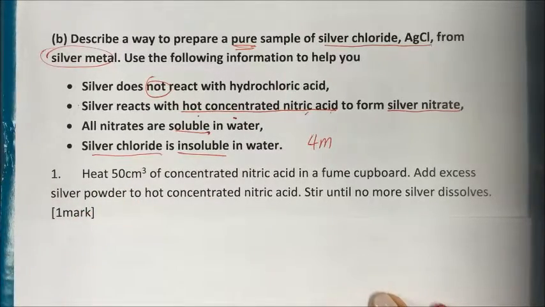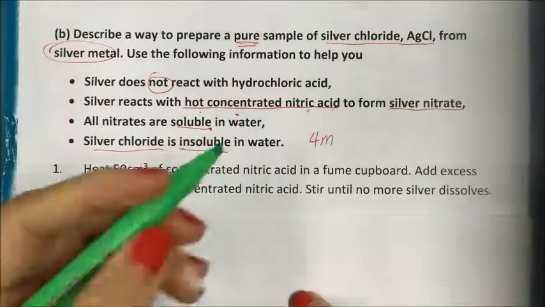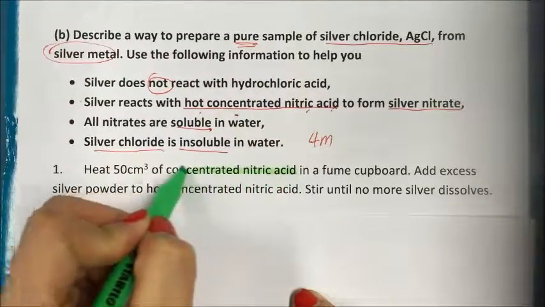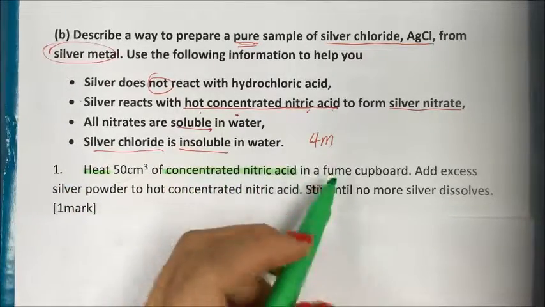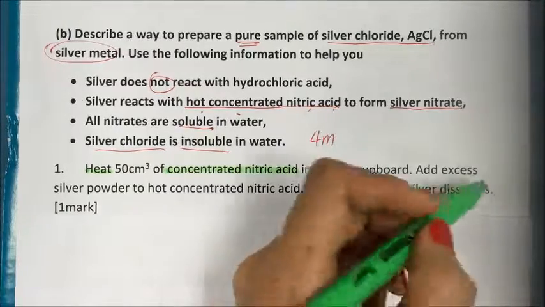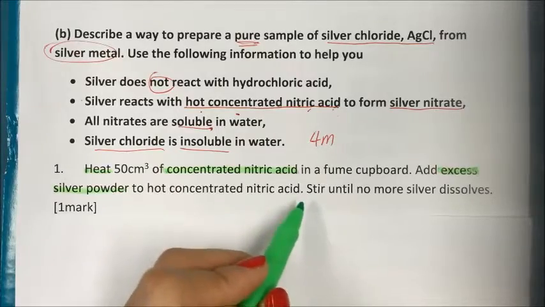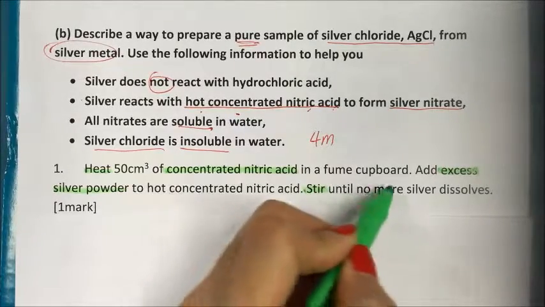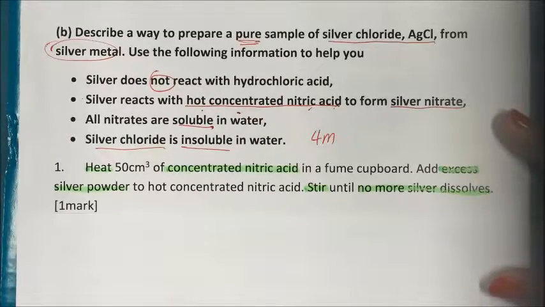Heat 50 cm³ of concentrated nitric acid in a fume cupboard. Alright, so you heat it up so that it's hot, concentrated nitric acid in fume cupboard, and then you add excess silver powder to hot concentrated nitric acid and you stir until no more silver dissolves. This is your first mark.